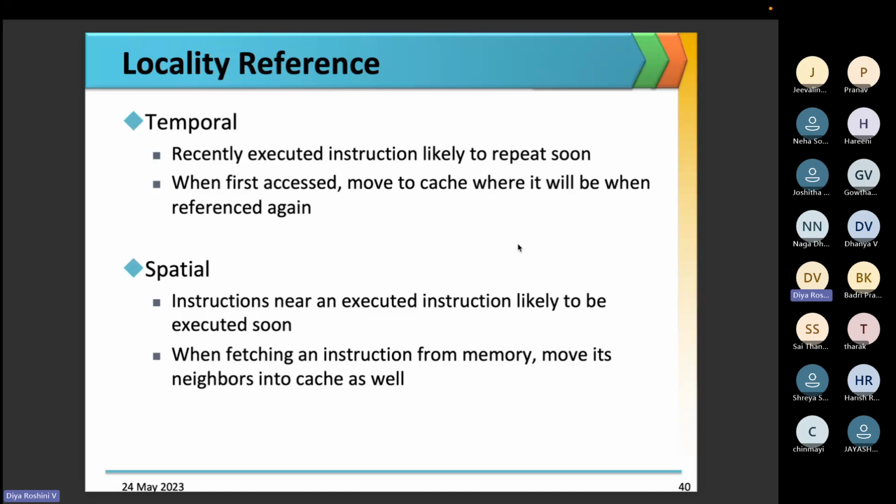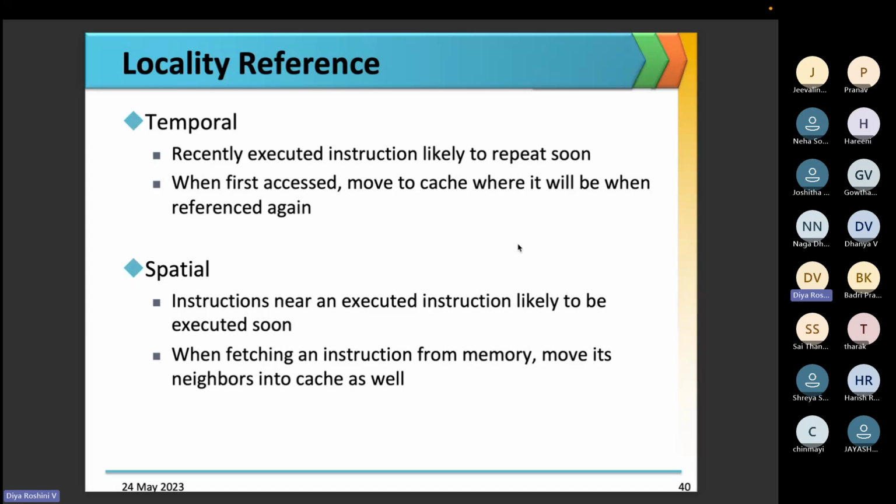This is with the assumption that when an instruction is used at T1, that's time 1, it is probably going to be used at T2 as well. That's temporal locality. It's an assumption, obviously. It is not how it works every time, but this is most likely to happen.